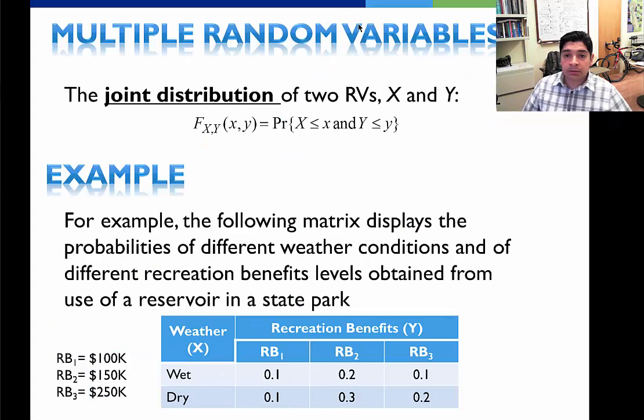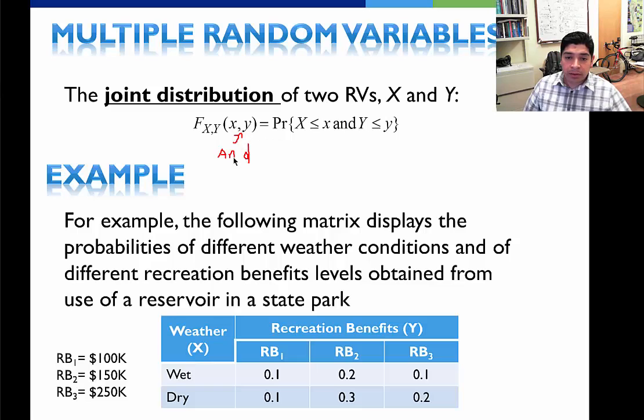What is a joint probability? It's the probability that two variables happen at the same time. So what this means is the probability that x and y happen, where the comma means and. In this case, the probability that x1 and y1, or that wet and recreational benefits 1 happen, is 0.1.